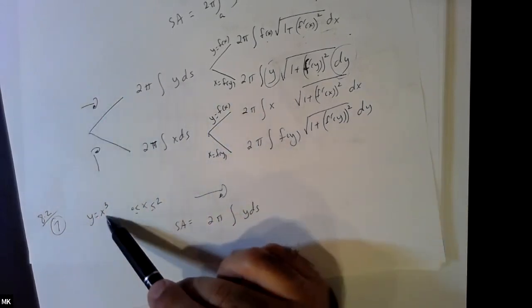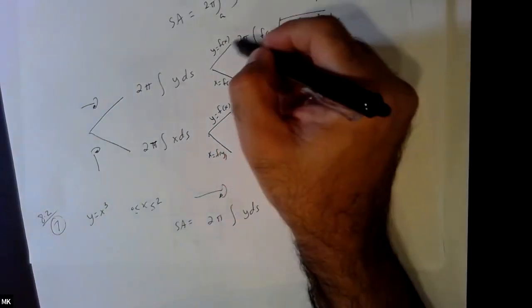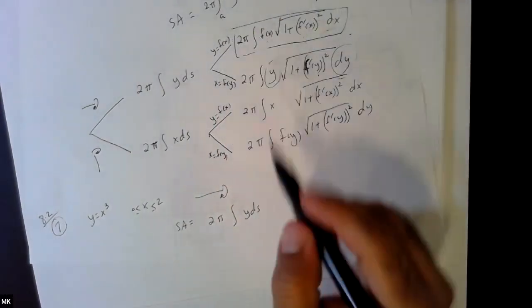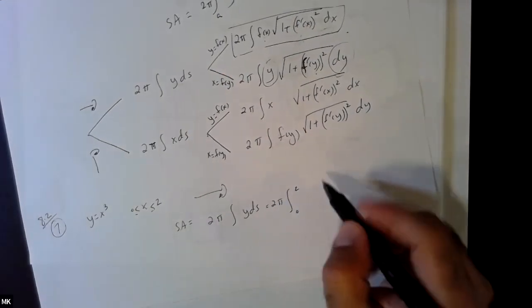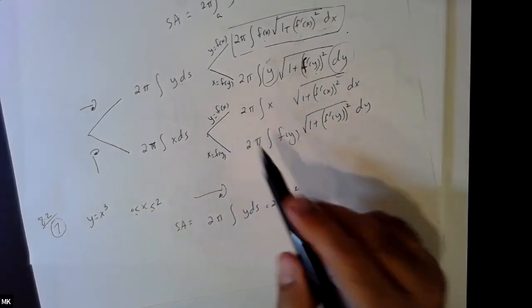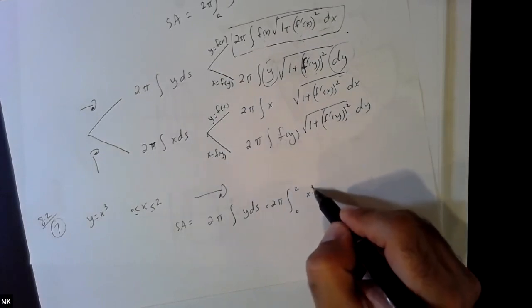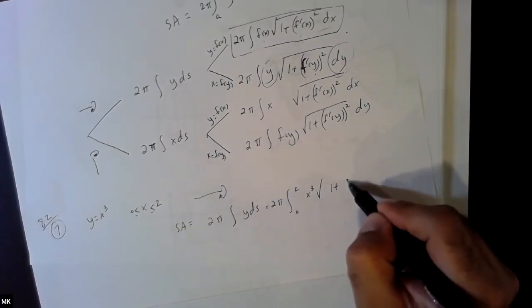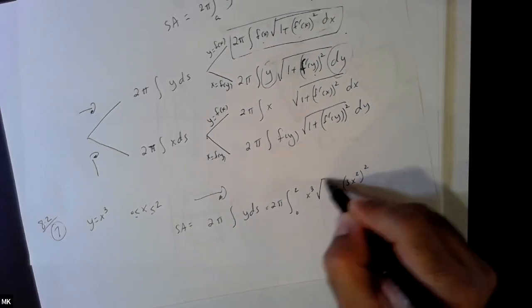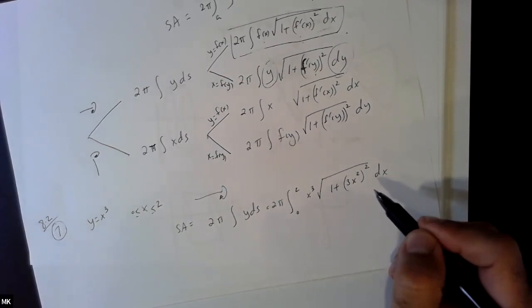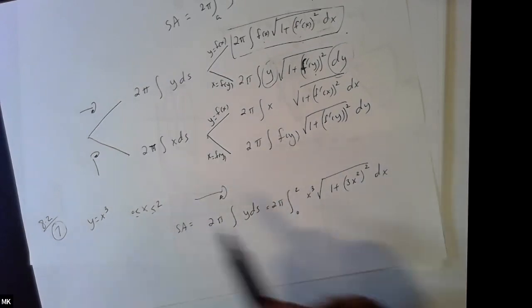And y is a function of x, so we're going to apply the top form. So it's going to be 2 pi, x goes from 0 to 2, f(x), which is your y, is x cubed, square root of 1 plus 3x squared squared dx. I just took the derivative and squared it.